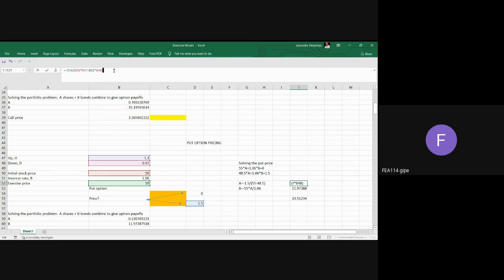So once I correct that, why did I get both of them negative? I think here it went wrong, so here I will make it positive. Let me delete everything.